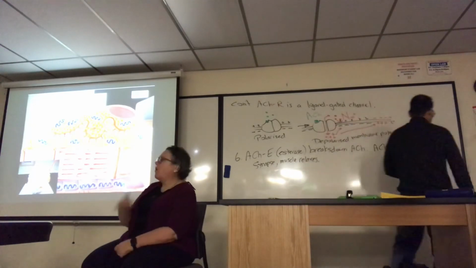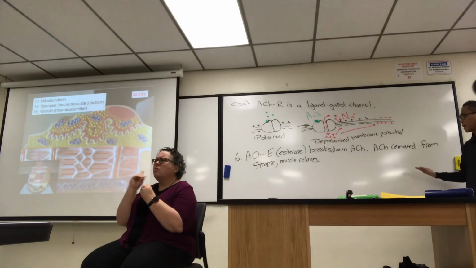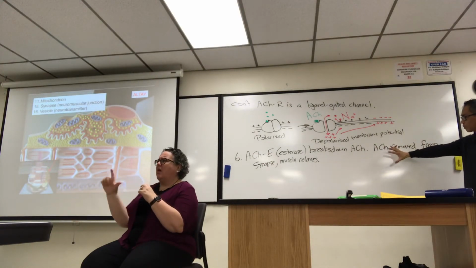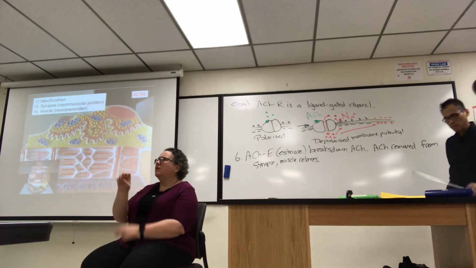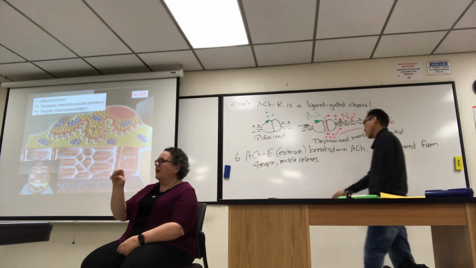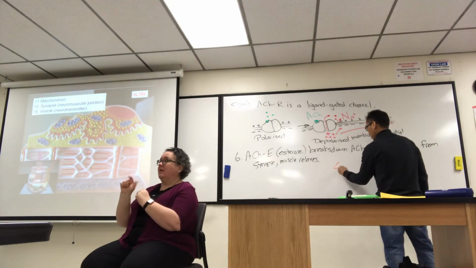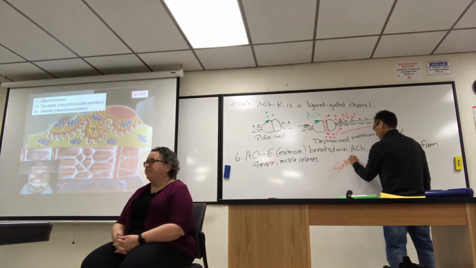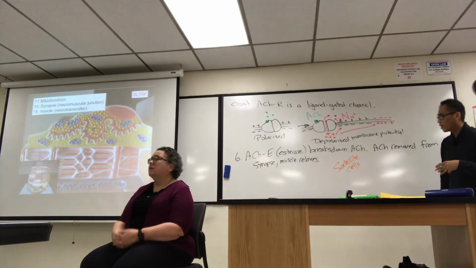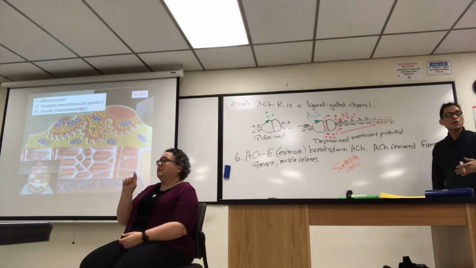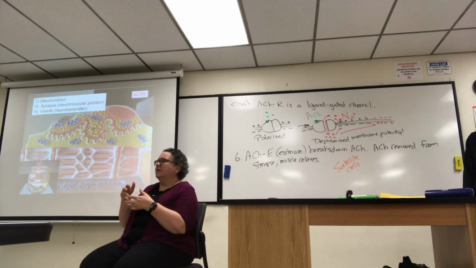Well, turn the lights back on. I want to mention one cell type that helps the removal of the ACH. It's called a satellite cell. Satellite cells kind of soak up the excess neurotransmitter in these types of synapses.